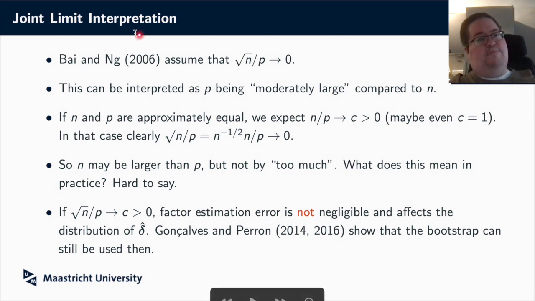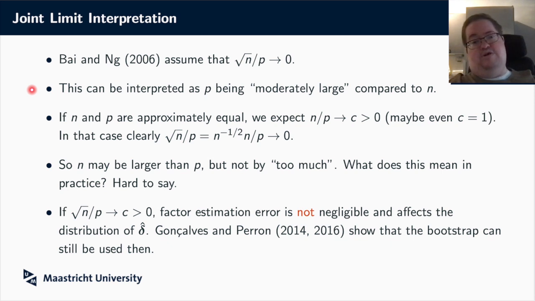So what Bai and Ng assume, in terms of joint limits, is that square root n divided by p goes to 0. Note how different this is compared to the rates that we would have for penalized regression. So one way to interpret that is saying p should be at least moderately large compared to n. But if n and p would be approximately equal, then you would say n divided by p goes to some constant, or even goes to 1.